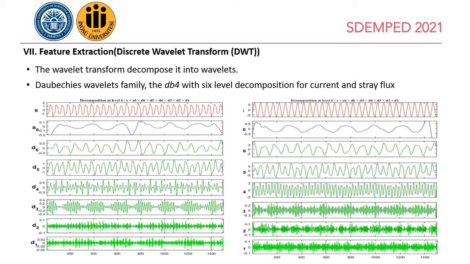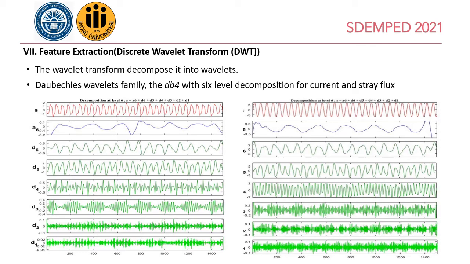Feature extraction using discrete wavelet transform. The wavelet transform decomposes a signal comprising frequency components into wavelets and is confined by frequency and time. Daubechies wavelets, which define and characterize the discrete wavelet transform, can also be called a family of wavelets.